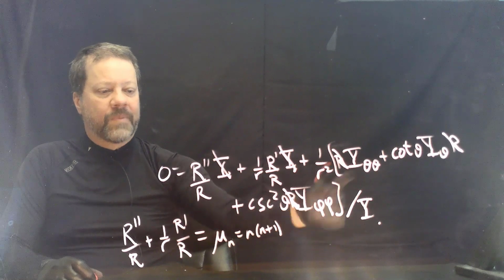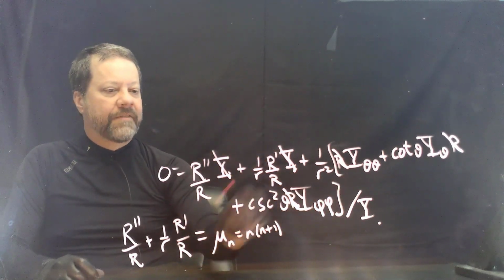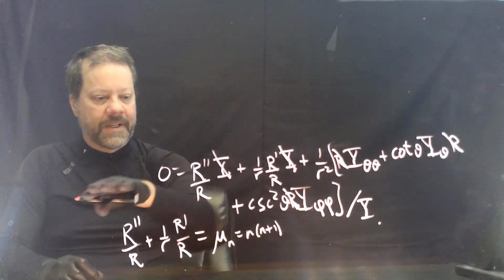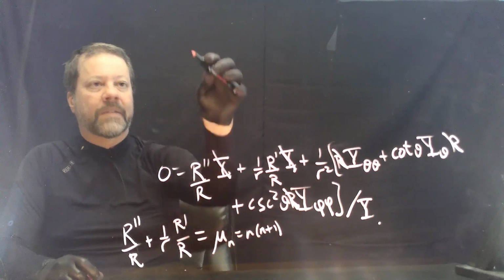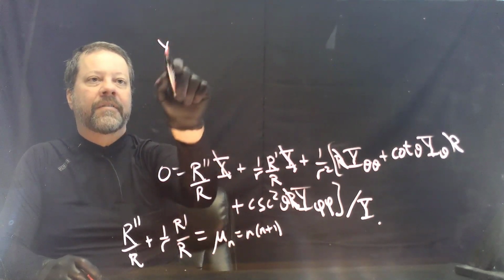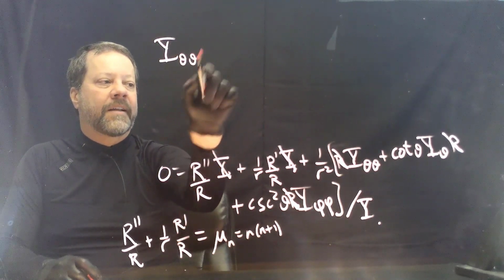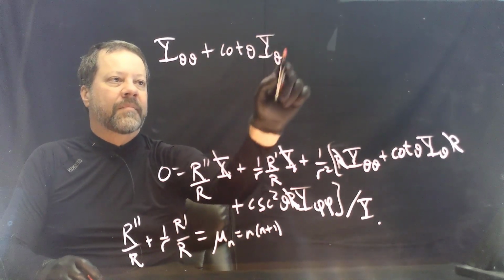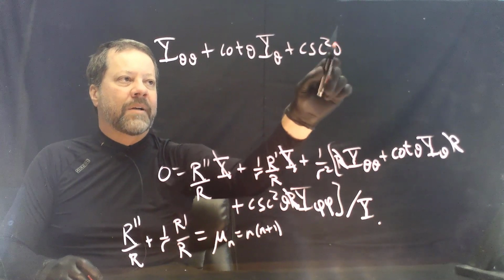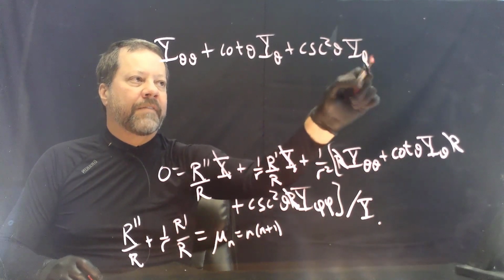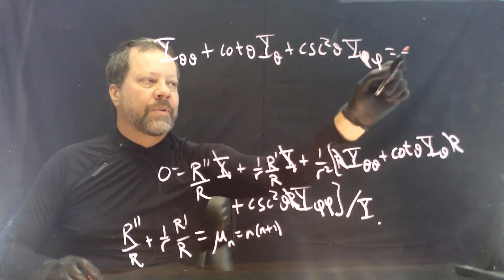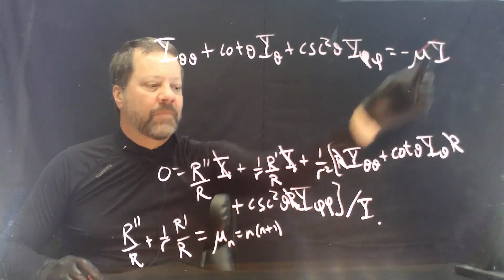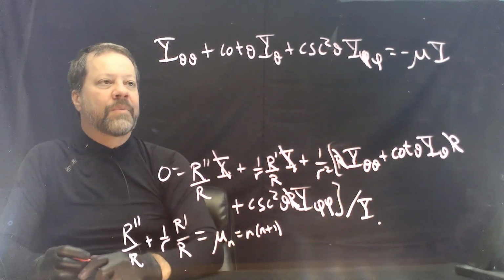We can multiply this Y onto the other side. We'll have, remember, all of this stuff becomes a negative. We'll move the negative over as well. We'll have Y theta theta plus cotangent theta times Y theta plus cosecant squared theta times Y phi phi equals minus mu times Y, multiplying this Y over with the minus mu.